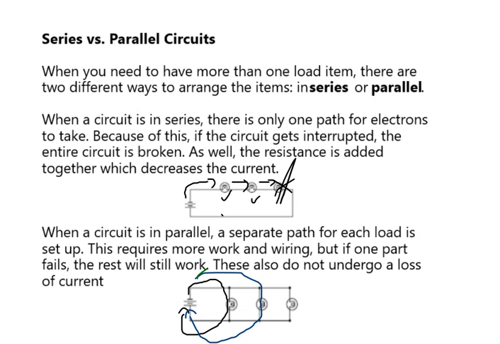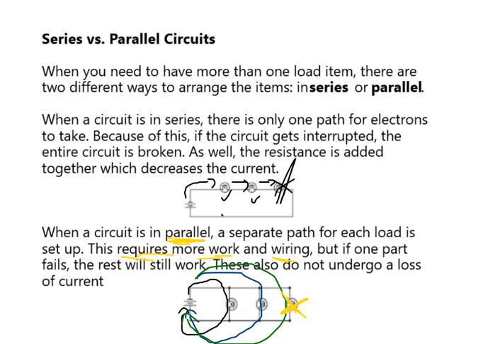And hypothetically, let's say that one of the light bulbs now burns out. Well, okay, this one's burnt out, but the other 2 pathways are still connected. So it's very nice sometimes to put things in parallel circuits because if one goes, the rest still work. However, there's a downside. It requires more work and more wiring, but if one fails, the rest still work.